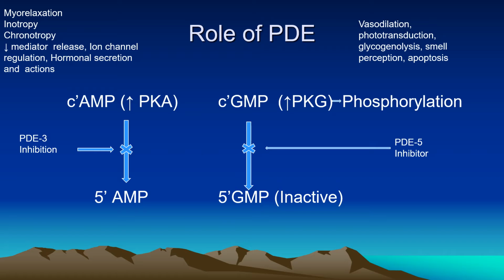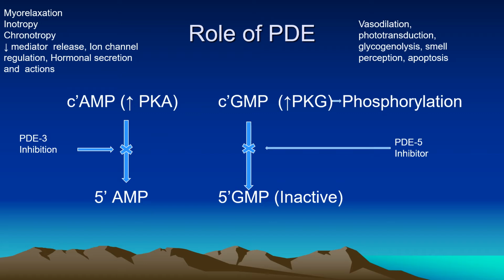Now, let us see how phosphodiesterase inhibitors act. They inhibit the phosphodiesterase enzyme. For example, inhibition of phosphodiesterase 3 would result in no inactivation of cyclic AMP. It will increase the cyclic AMP activity, which in turn would increase protein kinase A activation.